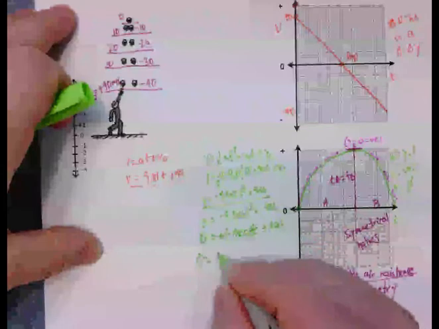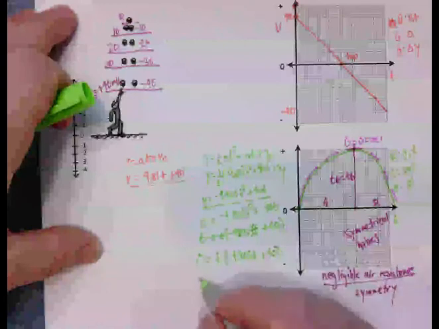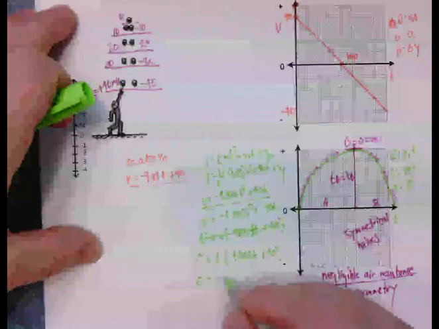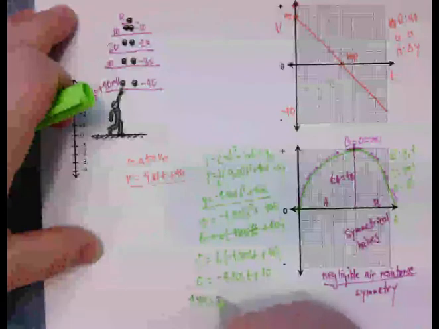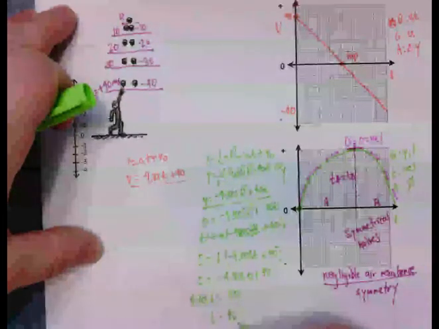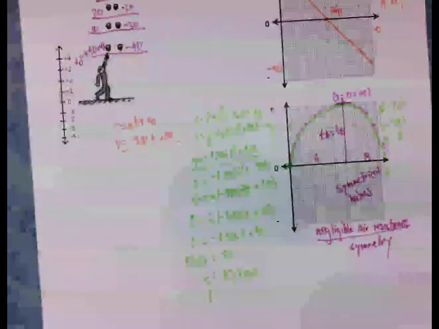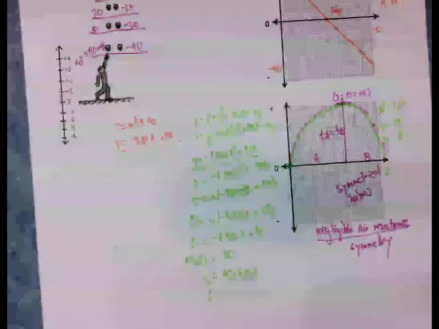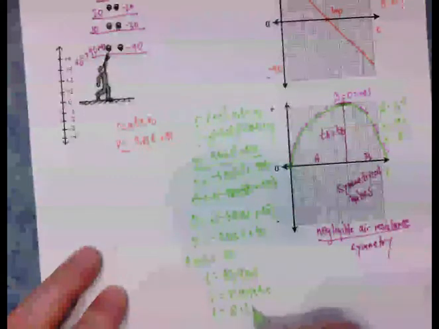Dividing both sides by t, we get negative 4.905 t plus 40 equals 0, and now we have 4.905 t equals 40, and t equals 40 divided by 4.905, which is 8.15494 seconds. With 3 significant digits, we're left with 8.15 seconds.